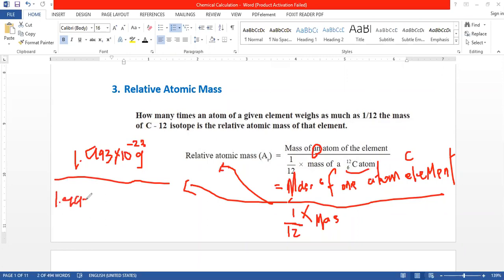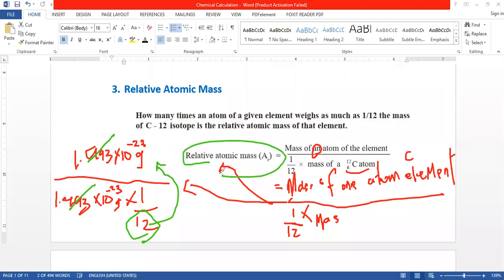times 10 to the power minus 23 gram times 1/12. You must have referred to this one; you should have studied it. Now I can cancel both of these, and the 12 goes upwards, so the relative atomic mass would be 12.